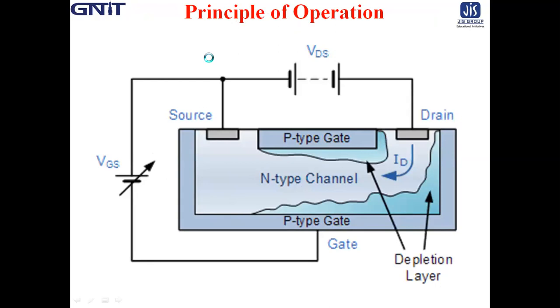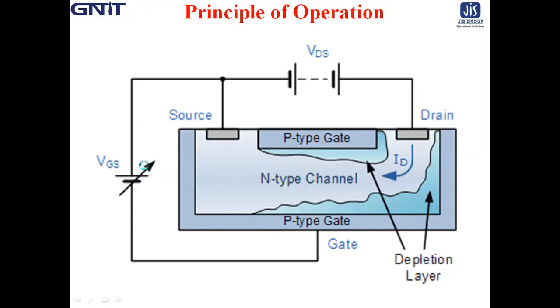The PN junction formed by the P-type gate and N-type channel is always reverse biased in JFET by the source VGS or VGG, whatever.